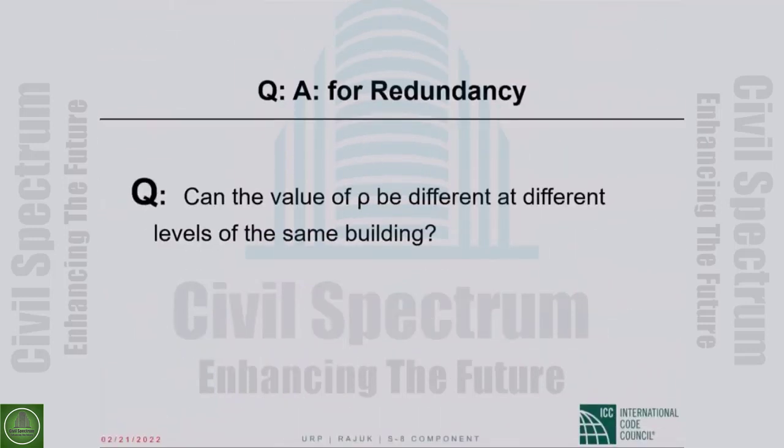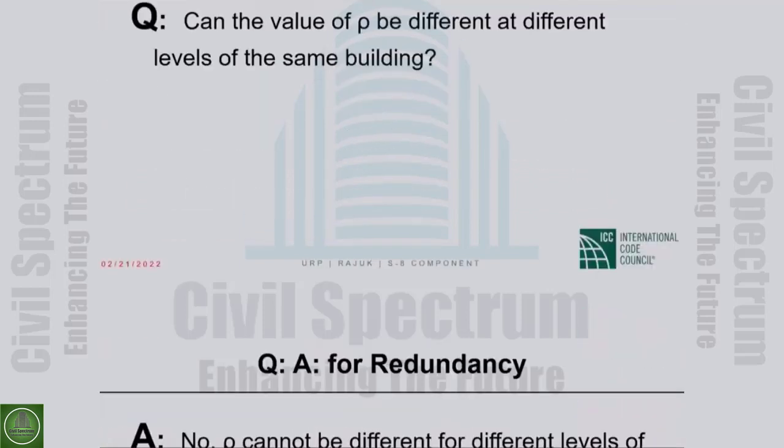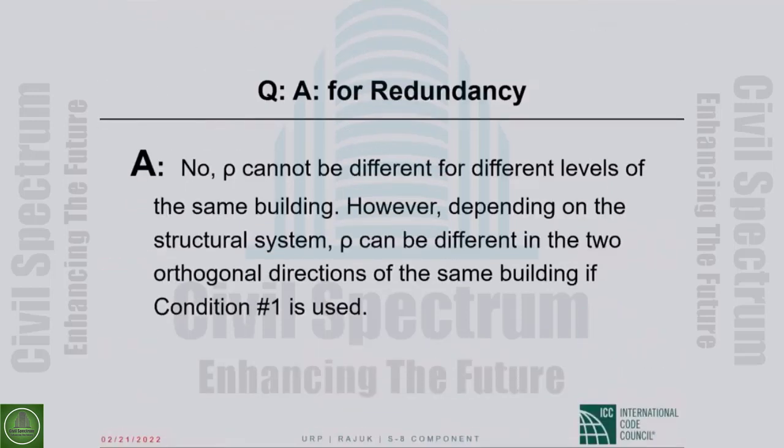Can the value of rho be different at different levels of the same building? The answer is no. Rho is for the whole building. Okay, it is not floor by floor. Rho cannot be different for different levels of the same building. However, depending on the structural system, rho can be different in the two orthogonal directions of the same building.